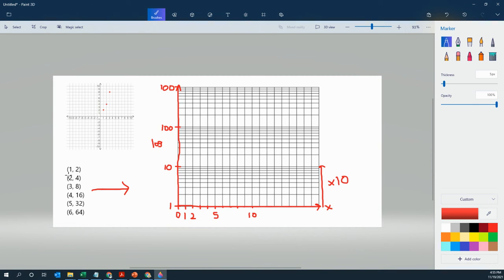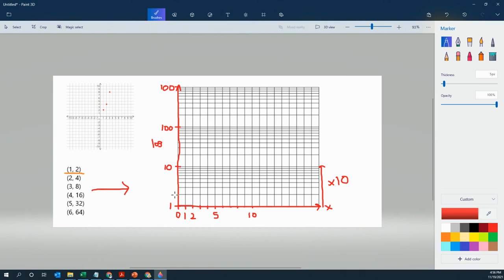Okay, so your first one, let's give it a different color. Your 1, 2 is going to be 1 over and 2 up. Now the question is, where is the 2? When you're looking at these, there are 9 lines.